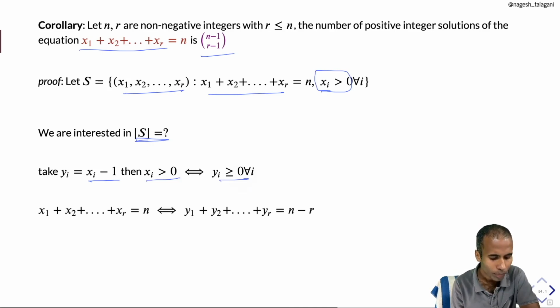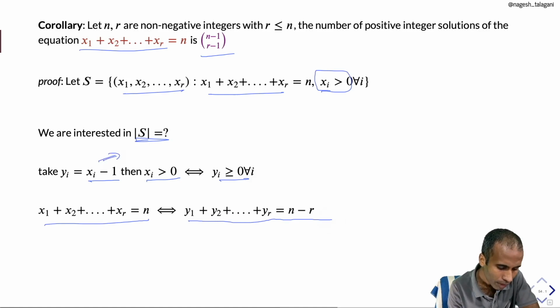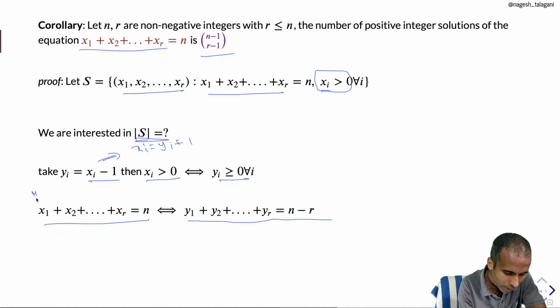That means x1 plus x2 plus xr equal to n if and only if y1 plus y2 plus yr equal to n minus r. Simple. From this relation, xi is going to be yi plus 1. If you plug it here, y1 plus 1, y2 plus 1 and so on, yr plus 1 equal to n.